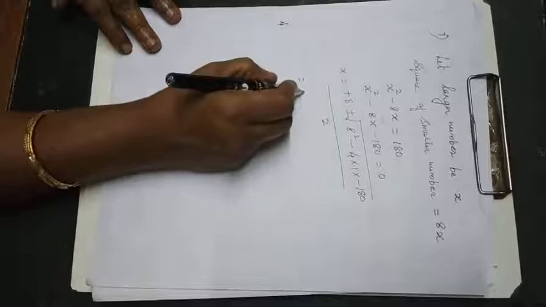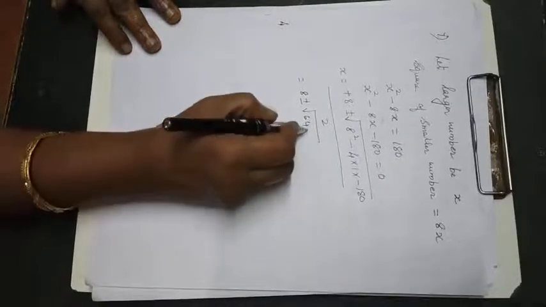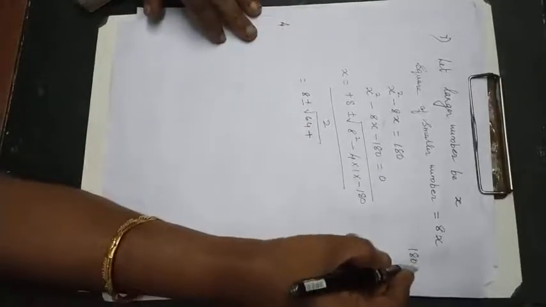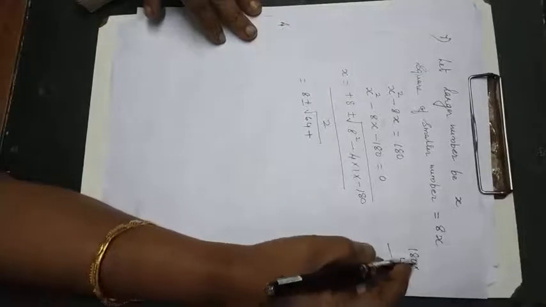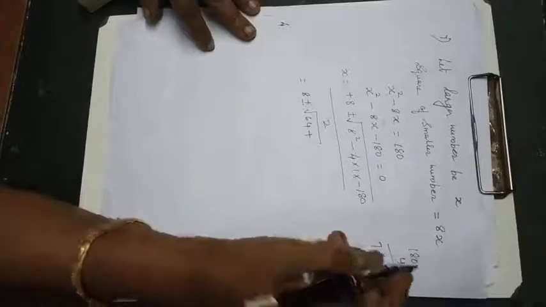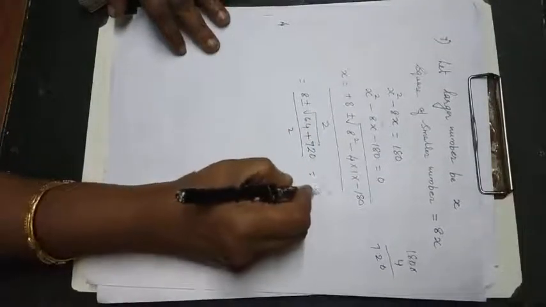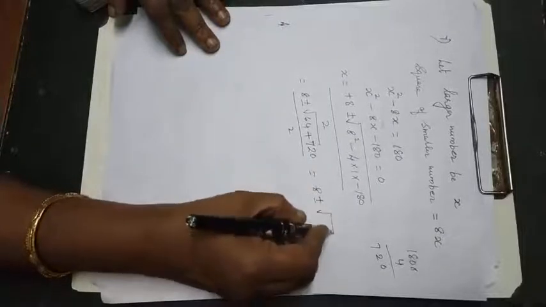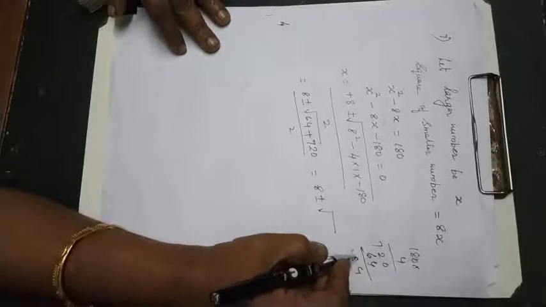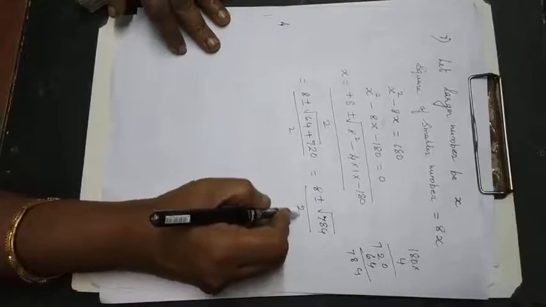That is 8 plus or minus root of 64 plus 180 into 4, that is 720, by 2.